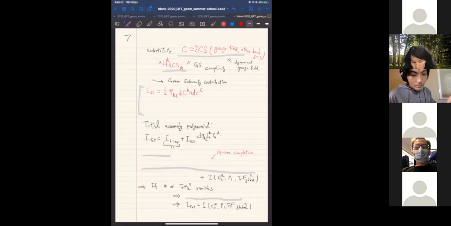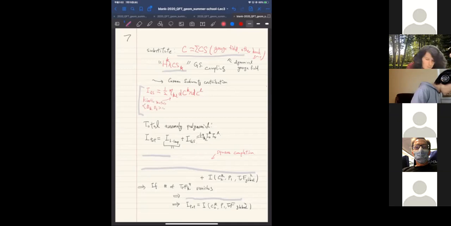You have some matrix here. This is a kinetic matrix. You have multiple tensor fields, so you can potentially have mixing. So that's a matrix.